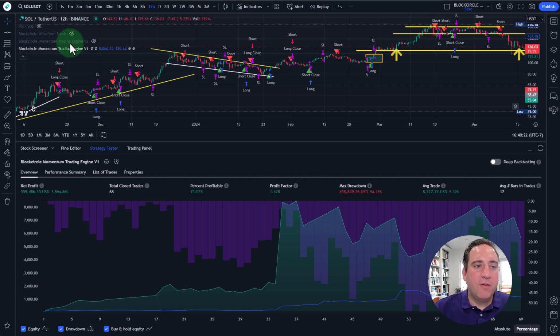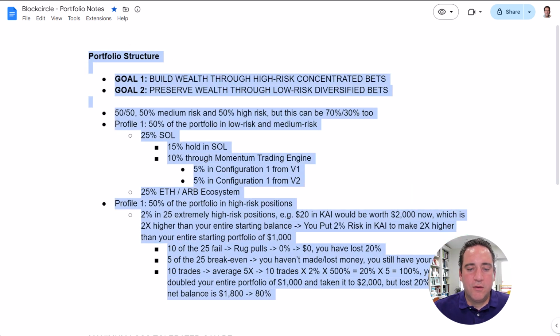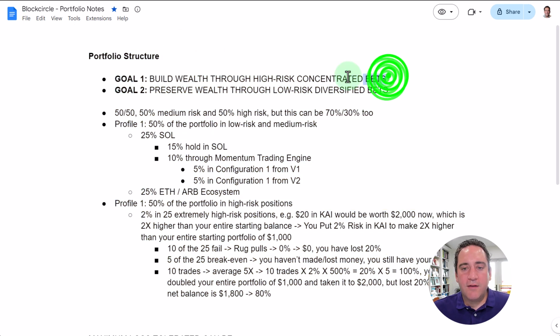The last thing I wanted to shed some light on is what the optimal portfolio structure is and how much it could be useful to allocate to the momentum trading engine. When someone asks me, whether they're over-allocated to altcoins or completely wiped out and now deploying fresh cash from the bank into the crypto market and not sure where to begin, I always explain these 2 main goals.